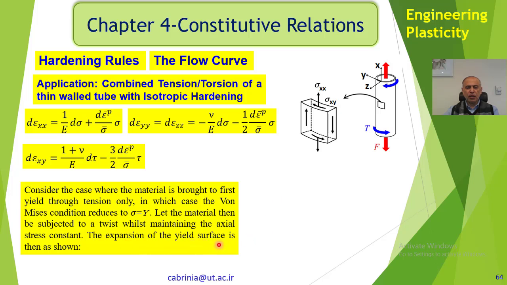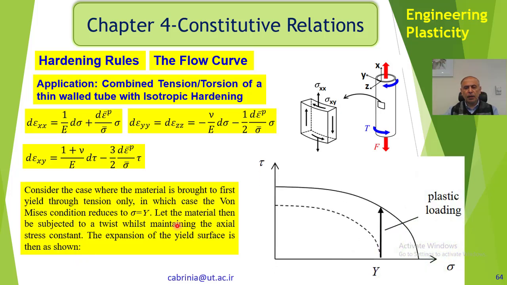The expansion of the yield surface is then as shown. You can see here, this is the plastic loading. This is the initial yield. What we have done in this problem is this. We have this yield surface for the material. Now, according to Mises, we have started loading in that direction.